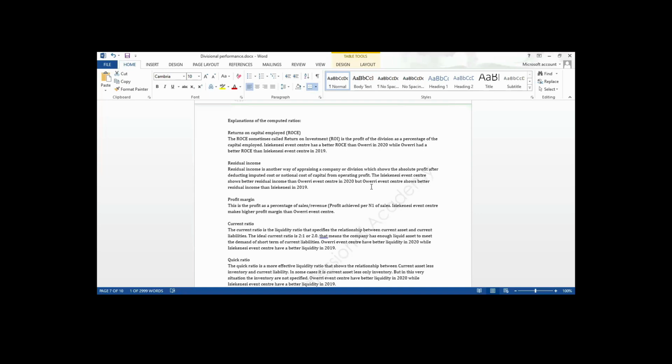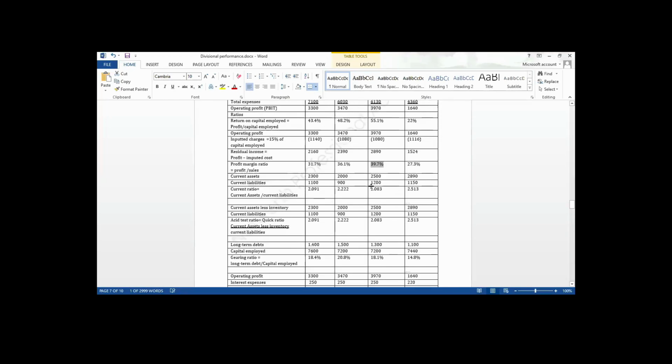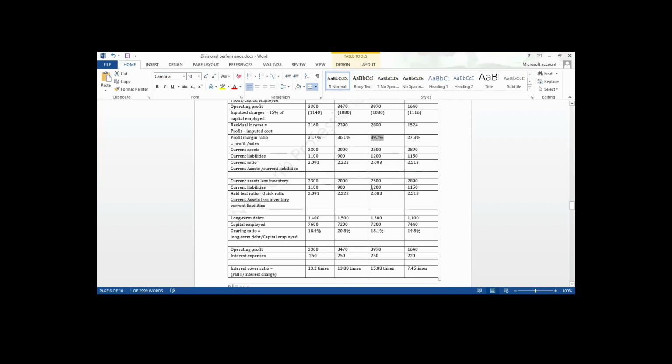Owerri Center has a better liquidity in 2020. Let's confirm that. Okay, marginally better now. Why is Sekenisi better in 2019?